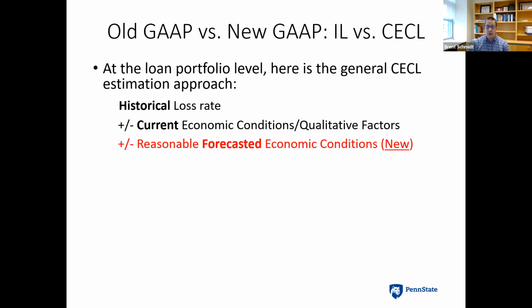The second piece that CECL changed was the removal of the probable threshold. Now under CECL, we're going to estimate lifetime expected credit losses at loan origination, regardless of whether or not those losses are seen as probable. Those were the two main changes from a high level that CECL led to.